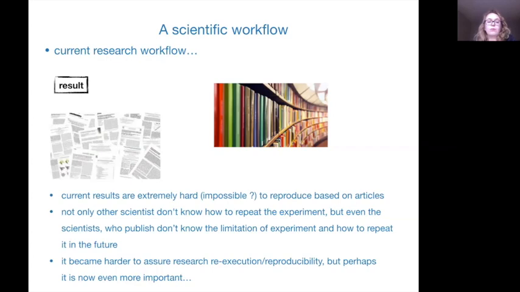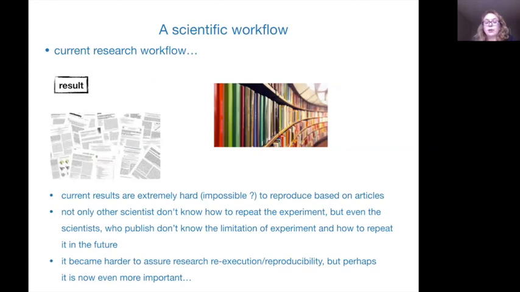People are often saying that current results are extremely hard or even impossible to reproduce based on articles. Not only do other scientists not know how to repeat the experiment, but even the scientists who published the work and who conducted the experiment are not able to say how to repeat the same experiment in the future.